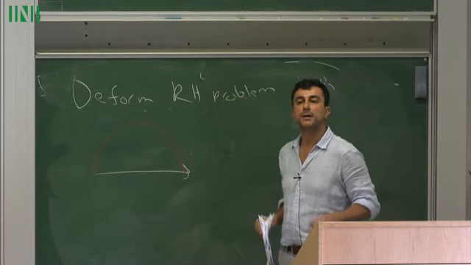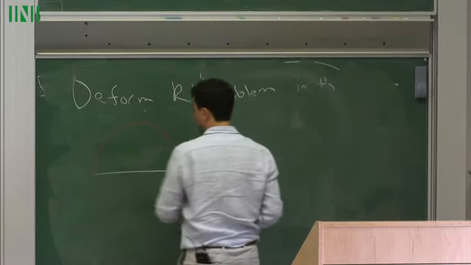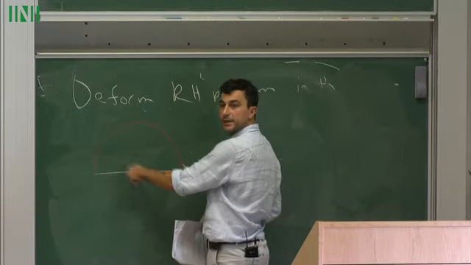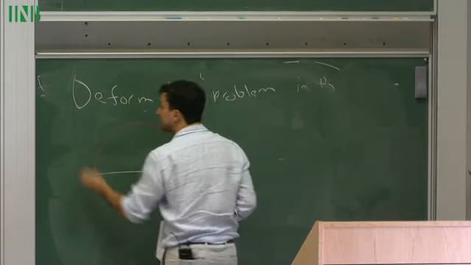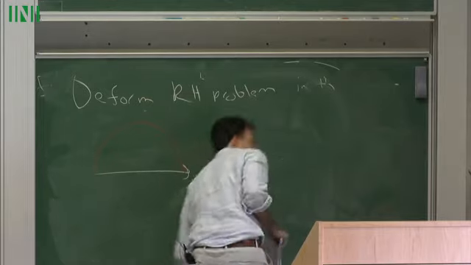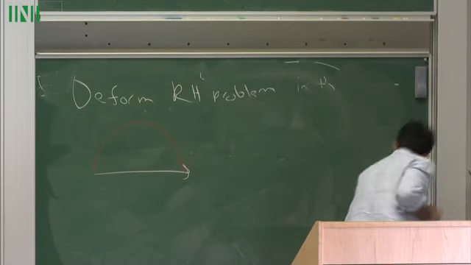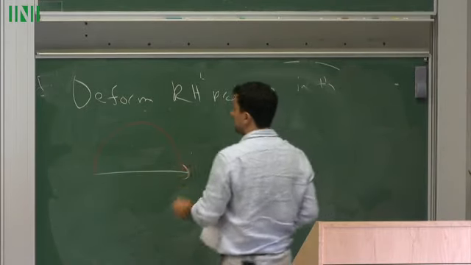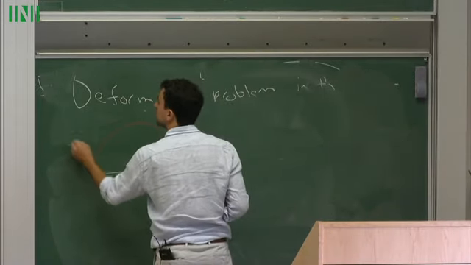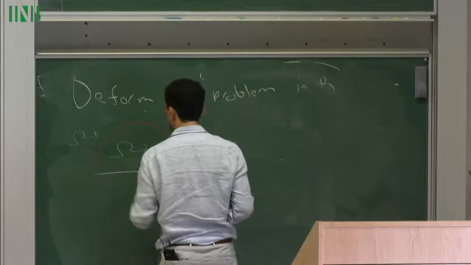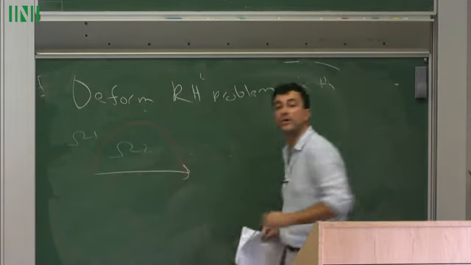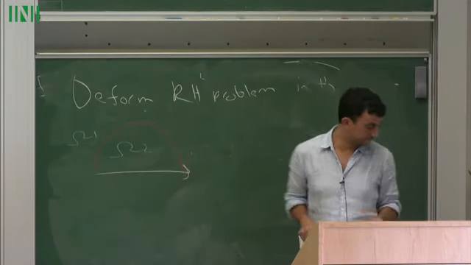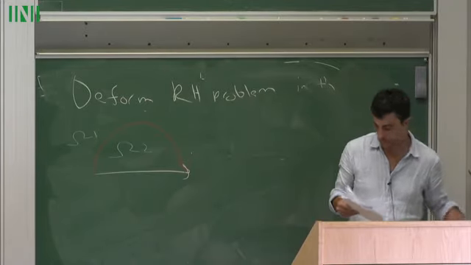So we have a jump here, and we want to deform the jump there. Let's just label these regions: omega 1, omega 2, and I guess there's only one omega 1 as I've drawn it. Okay.